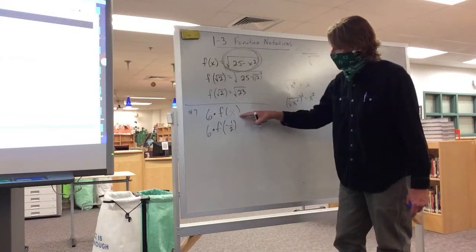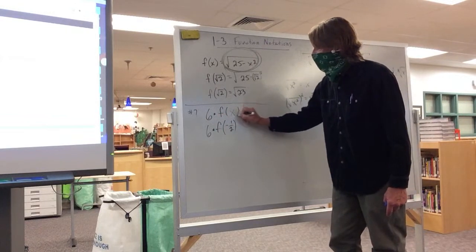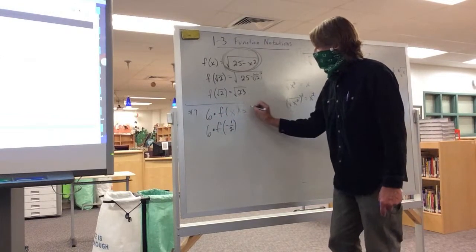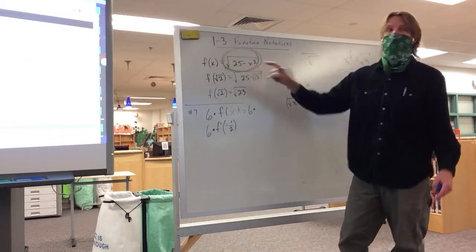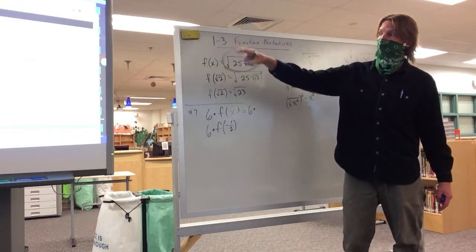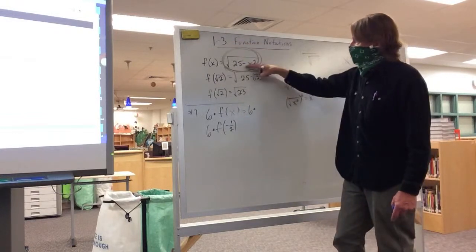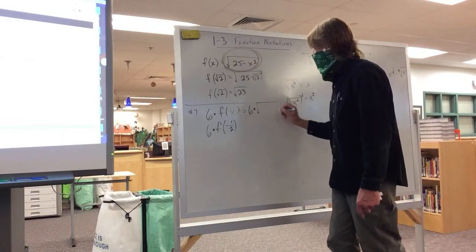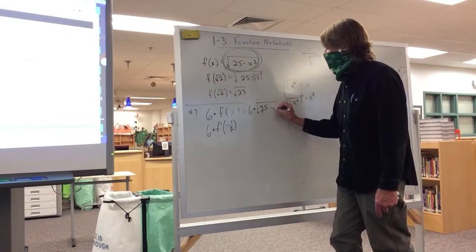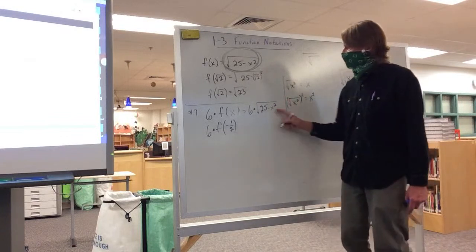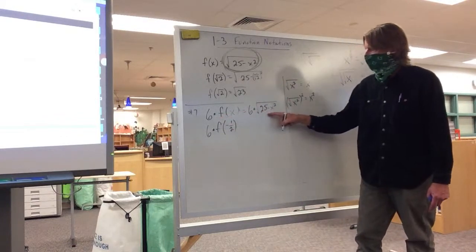So look here, and what we have is 6 multiplied by, now f of x is this, because that was told to us at the beginning of the problem set. So this value, the square root of 25 minus x squared, is what they are asking us to do.